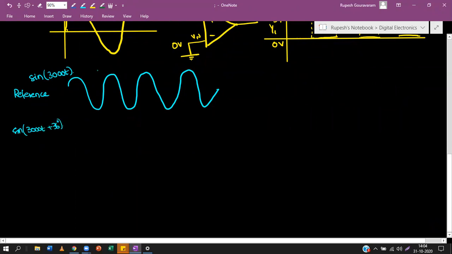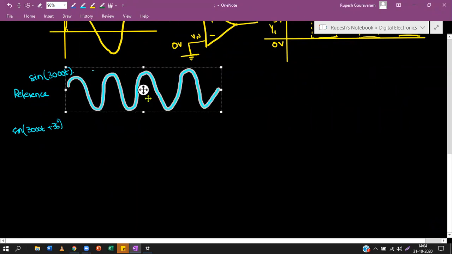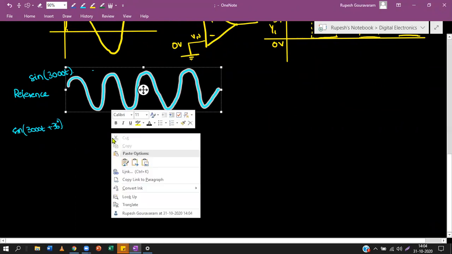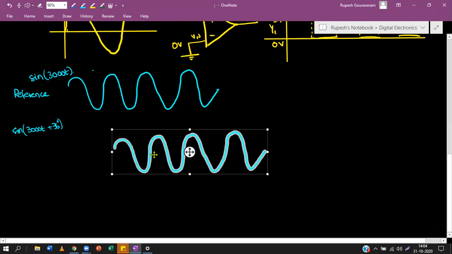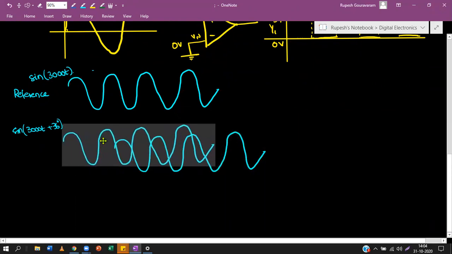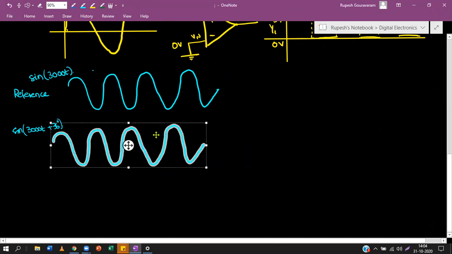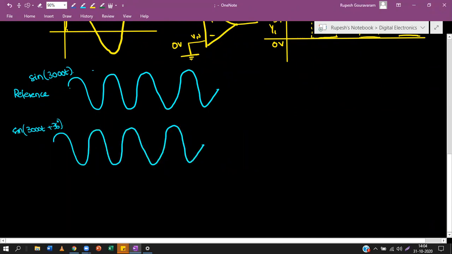So this particular signal, when the same signal goes behind, that means whatever has to occur here has occurred here. So it is an advanced signal.